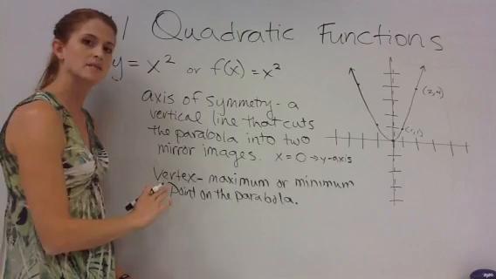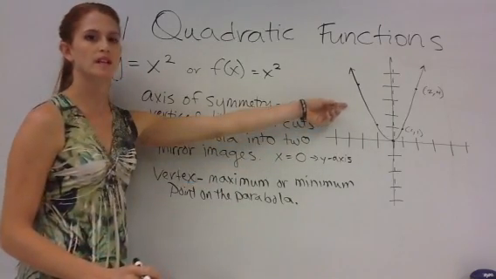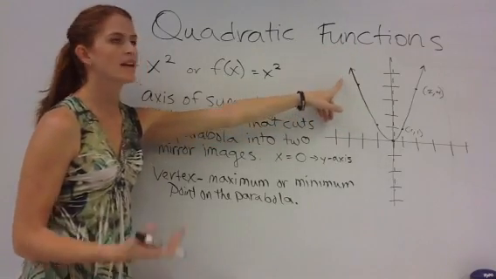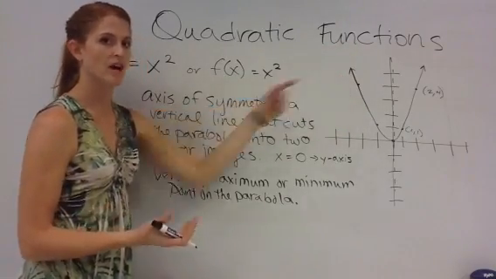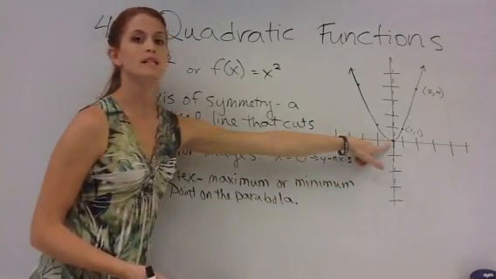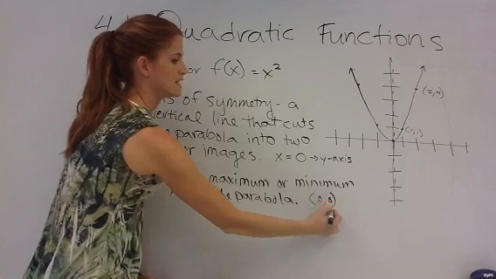So again, it's the maximum or the minimum point that you have on a parabola. For this parabola here, because it opens up, it's a smiley face parabola, because of that, it has a minimum value. So the vertex here is a minimum, and the vertex would be 0, 0. So for this example, our vertex is 0, 0.